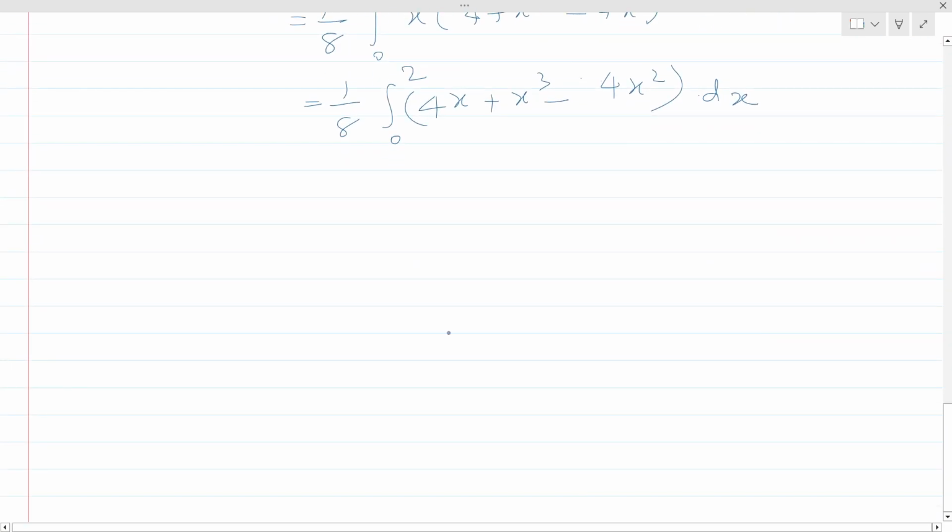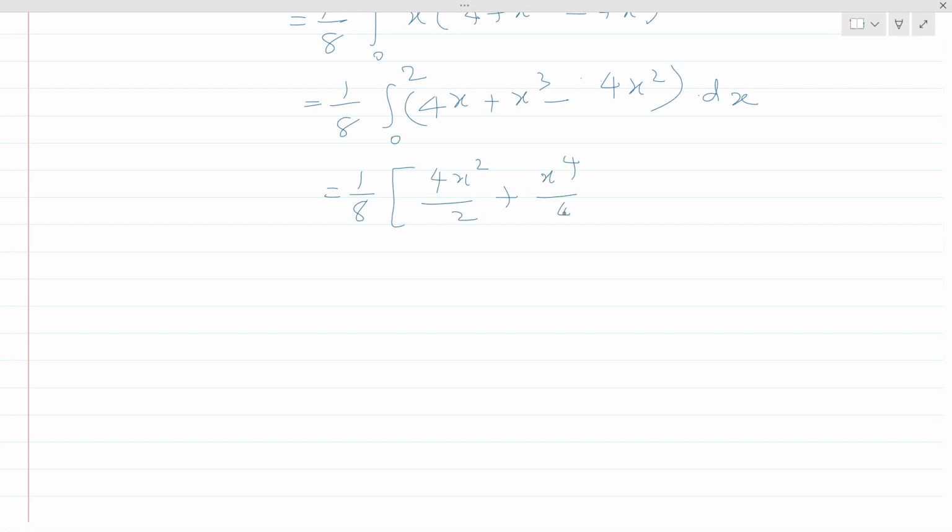We have to integrate with respect to x now: 1 by 8 times 4x square by 2 plus x power 4 by 4 minus 4x cube by 3 from 0 to 2.